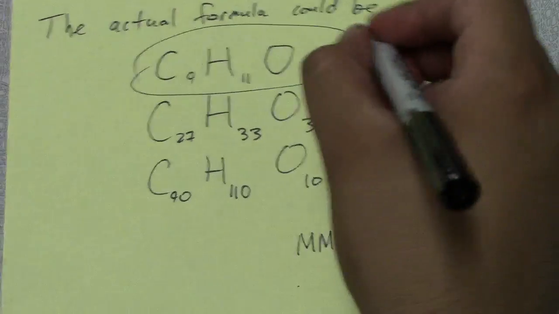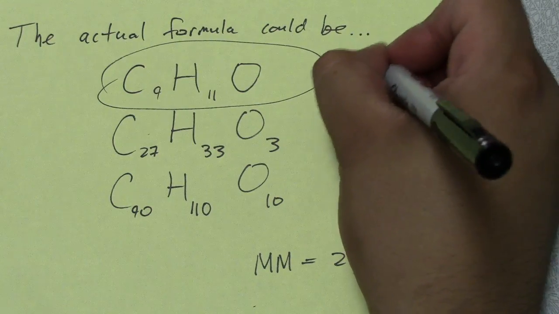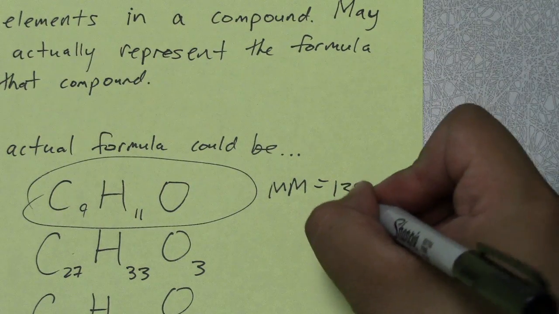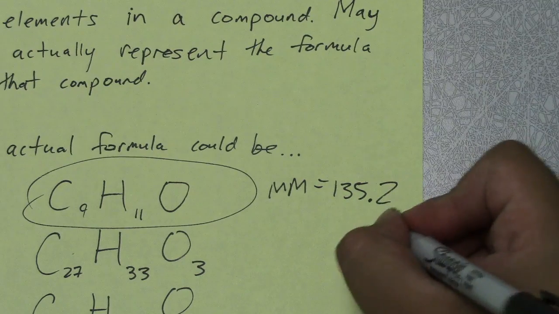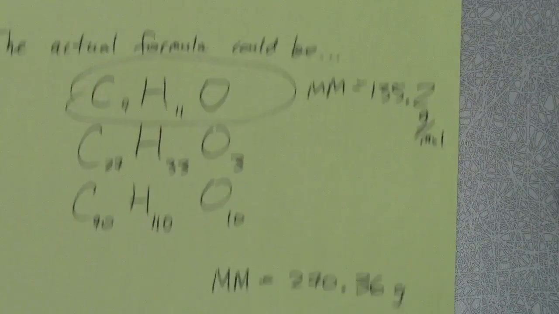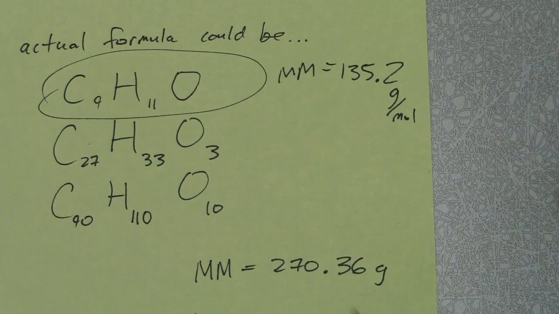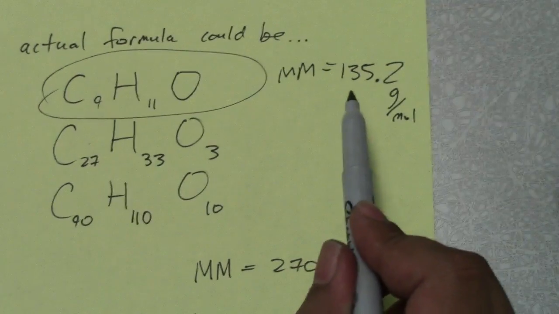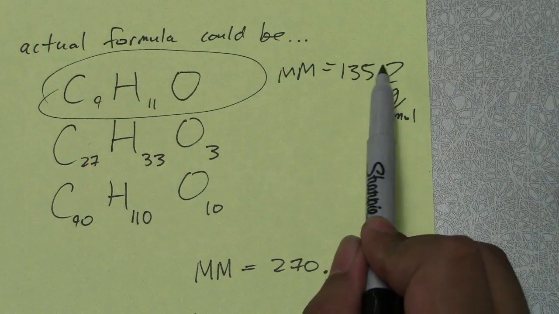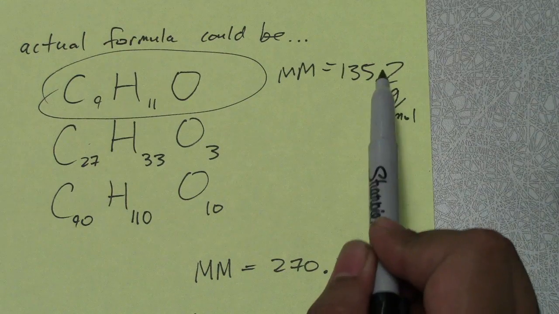And that molar mass for this guy is going to be 135.2 grams per mole. If you look at this closely, you might notice a relationship between our empirical formula mass and our molar mass. In fact, this empirical formula mass is clearly half of this molar mass.